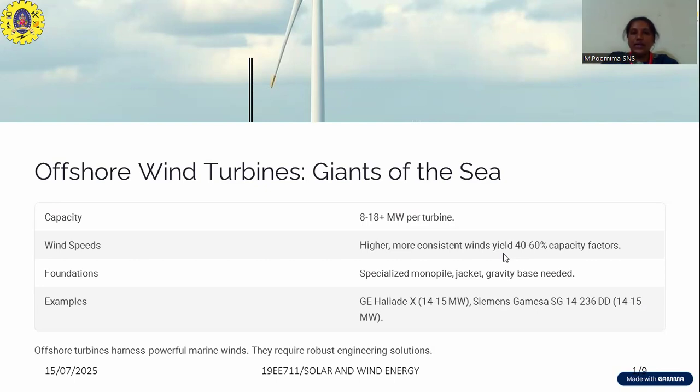Examples are GE Haliade-X at 14 to 15 megawatts and the Siemens Gamesa SG 14-236 DD, also 14 to 15 megawatts. Offshore wind turbines harness powerful marine winds, and they require robust engineering solutions.